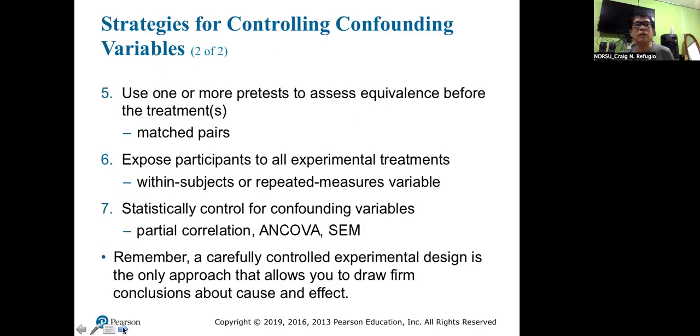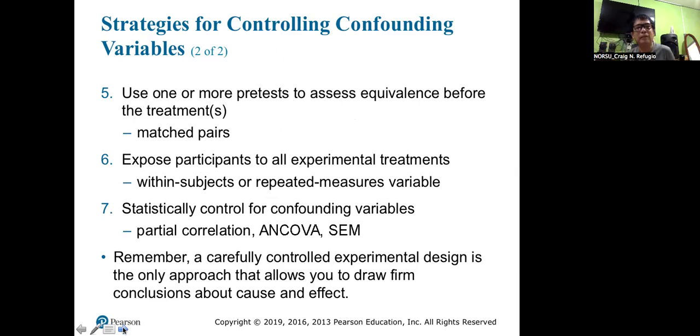Number 5, use one or more pre-tests to assess equivalence before the treatments. So we match the pairs, we match the groups actually. We look at a condition that more or less the experimental group and the control group are having equivalence with reference to a certain equating variable.